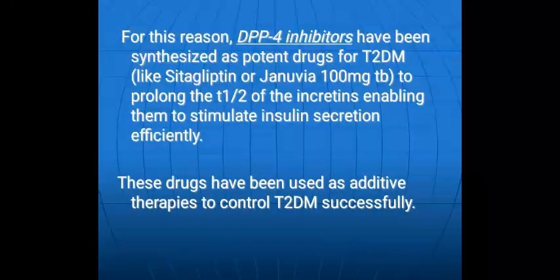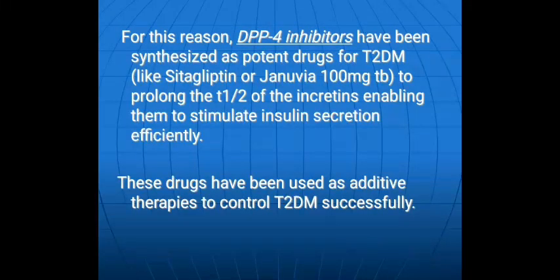For this reason, any inhibitor to this enzyme, which is called the DPP4 inhibitors, have been synthesized as potent drugs for type 2 diabetes mellitus, T2DM, like sitagliptin, or Januva by trade name, 100 mg tablet, to prolong the half-life of incretin, enabling them to stimulate insulin secretion efficiently.